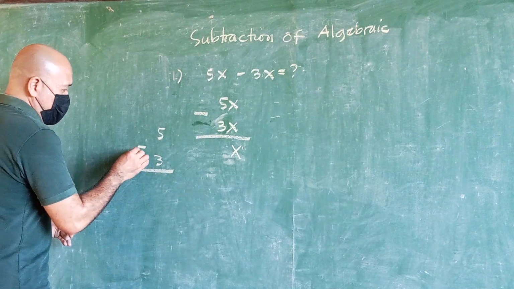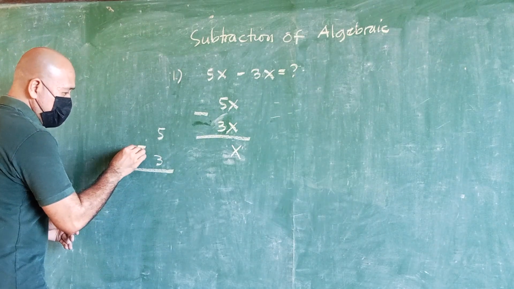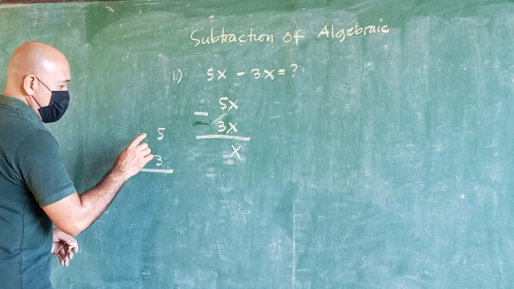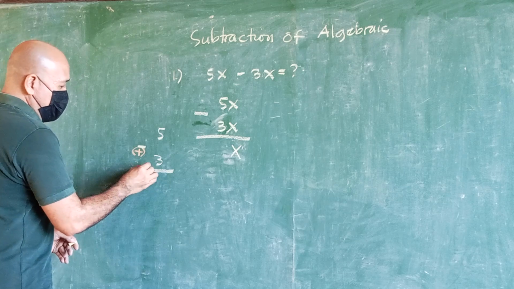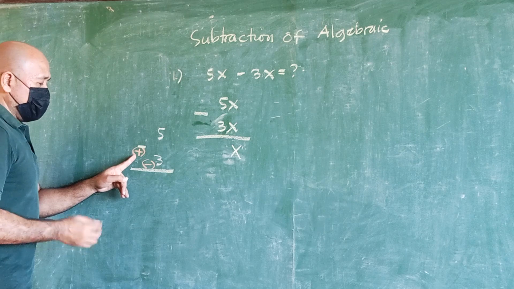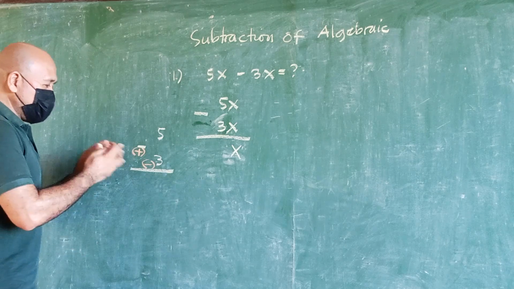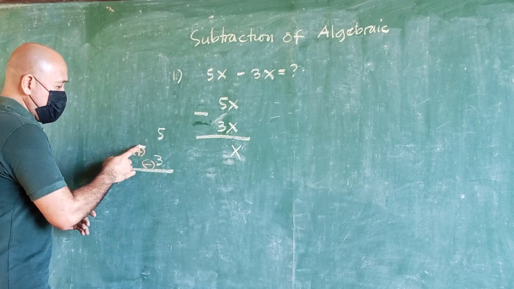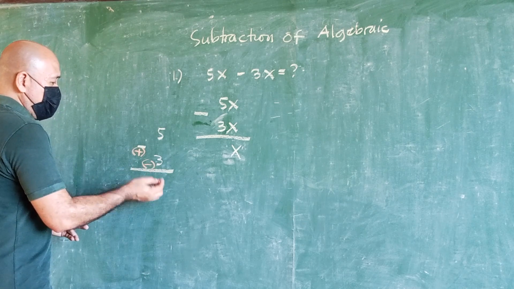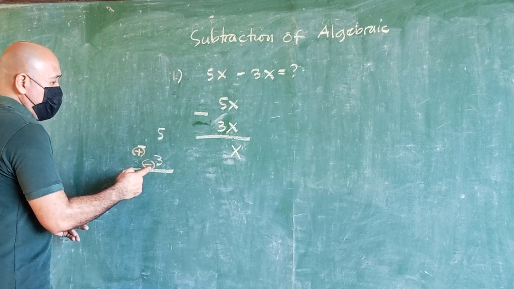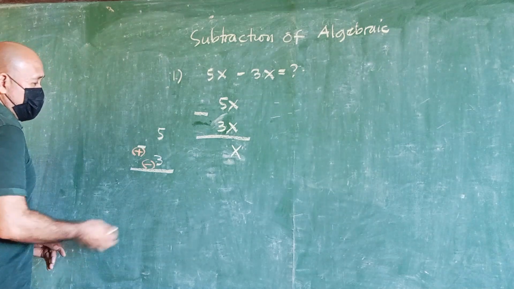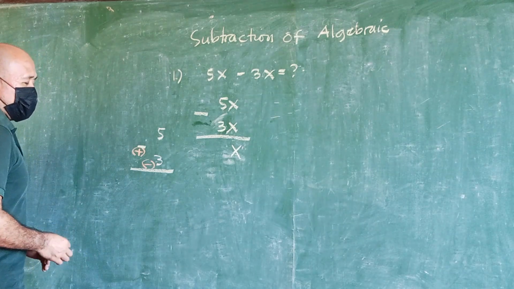Simply change the operation into plus, and at the same time, change the sign of the subtrahend. So if the given is positive, you change that into negative. The parenthesis here will tell you that the original given is minus and the original sign is positive. Only that you have changed the operation and sign because you apply the rule of the subtraction of integers.